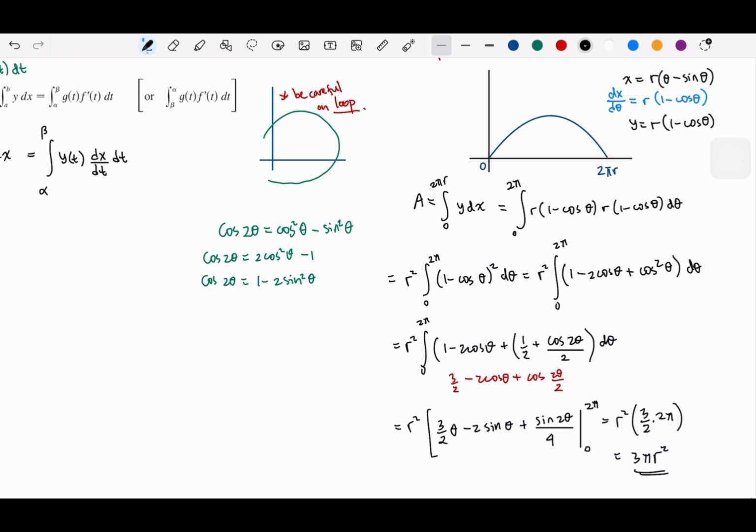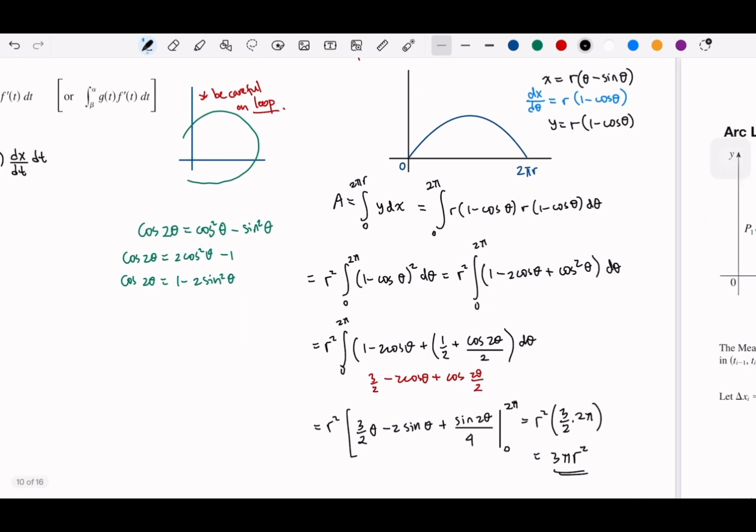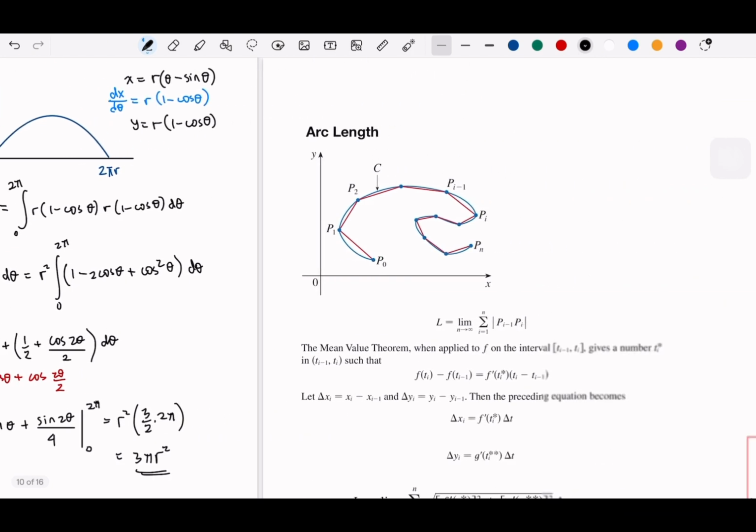So chapter 10 has two subtopics: parametric equations and polar curves.